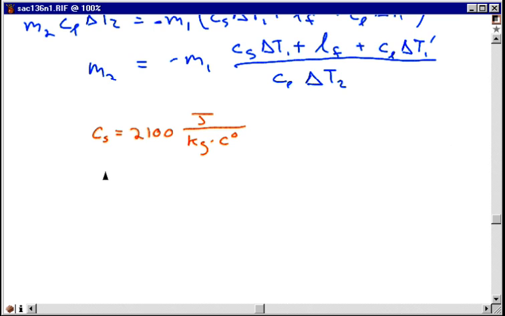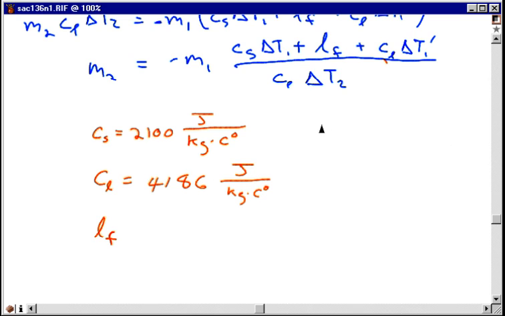And then the specific heat for the case of liquid water, how much energy per kilogram per Celsius degree it takes to warm up the liquid water. I found 4186 joules per kilogram Celsius degree as the given value. And then the latent heat of fusion, also known as latent heat of melting.